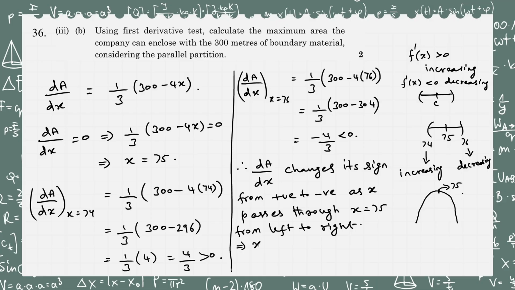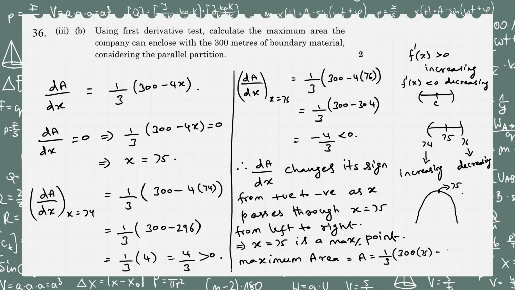That implies x equal to 75 is a maximum point. So maximum area, here also we have to find the maximum area. Same area only, maximum area will be 1 by 3 into (300 into 75 minus 2 into 75 square). That will give you the same 3750 meter square as the answer.